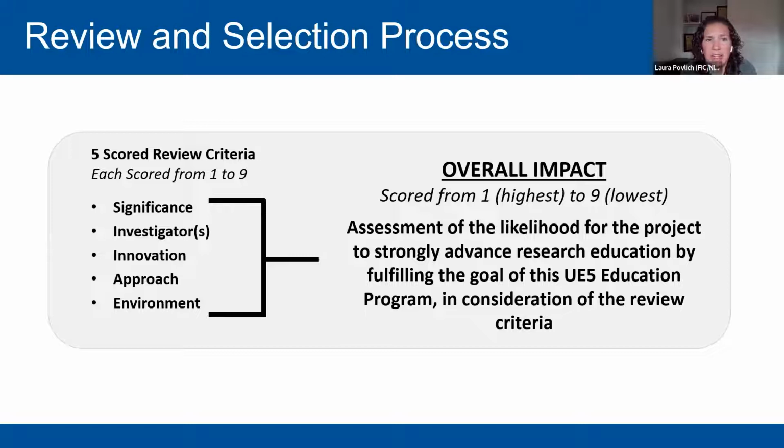Each of these criteria have sub-questions that are used by reviewers to assess the merit of the applications, and the funding opportunities list these questions if you'd like to look at the specific considerations that the reviewers will be making for these applications. These criteria are then used to inform the overall impact score of the applications, and this impact score reflects the assessment of the likelihood for projects to strongly advance research education by fulfilling the goal of the UE5 education program.